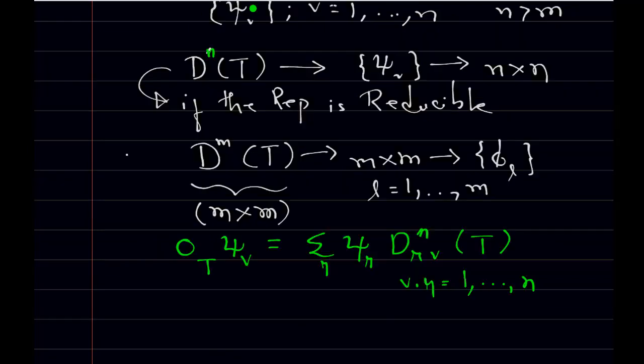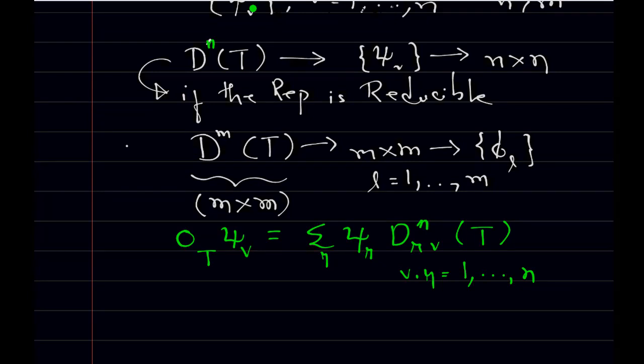So I'm saying that the same operator will have another representation in some lower dimension m of T. That means if I act this on the basis, then I can always express them in this way, KL, where L is going from 1 to m, and always remember m is less than n.